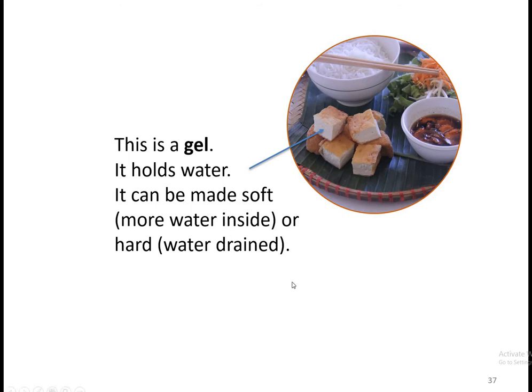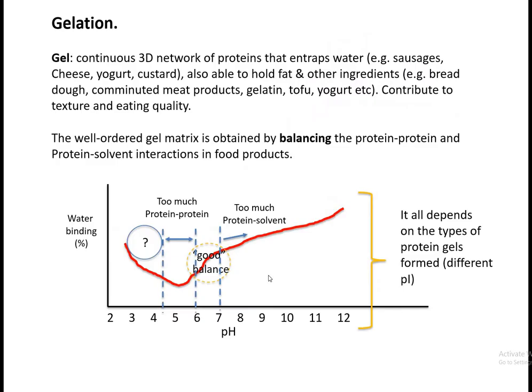Of course the formulation is going to be different and the texture is going to be different too. Okay, one of the most important functional properties of protein is gelation. This is a 3D network of protein that entraps water.